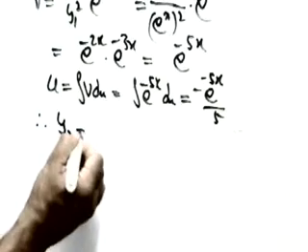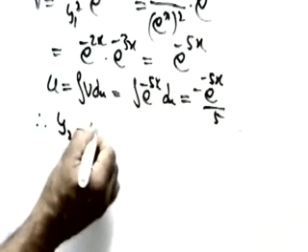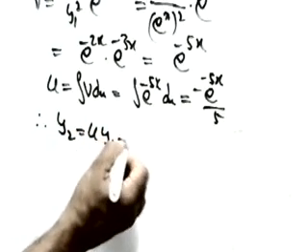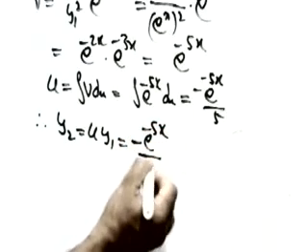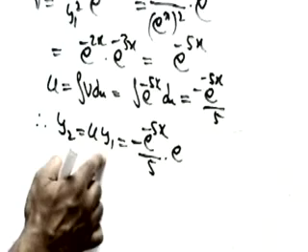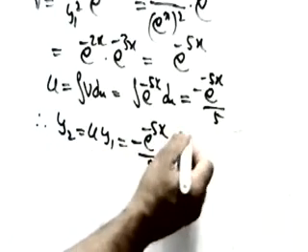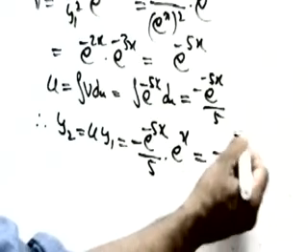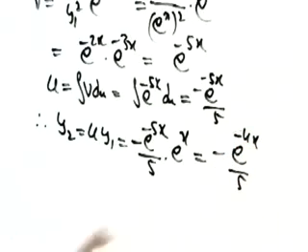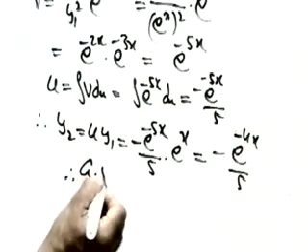Therefore we got the second solution, y2 equals u into y1. u is e power minus 5x by 5 into y1, the given e power x. When bases are same, we add the powers, minus 5x plus x will be minus 4x by 5.